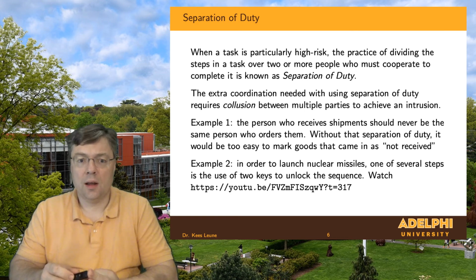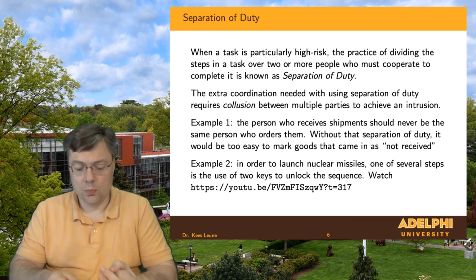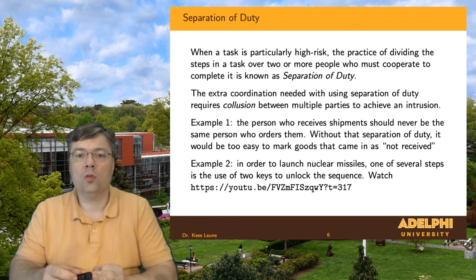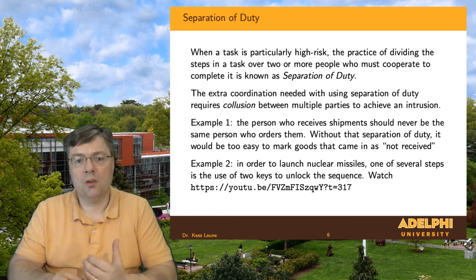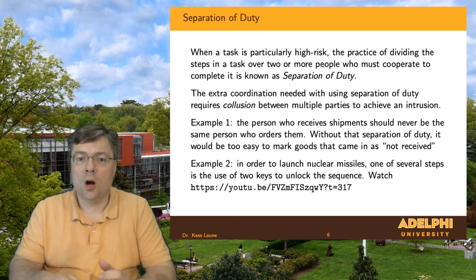And as a result, I have a fraud capability or a theft capability. Instead, I'm going to say, if you want to buy something, the person who orders the product cannot also be the person who receives the products when they come in. And that's to limit the ability for people to make things go away. That's called a separation of duty, or a separation of concerns. It's a very common way of doing things.